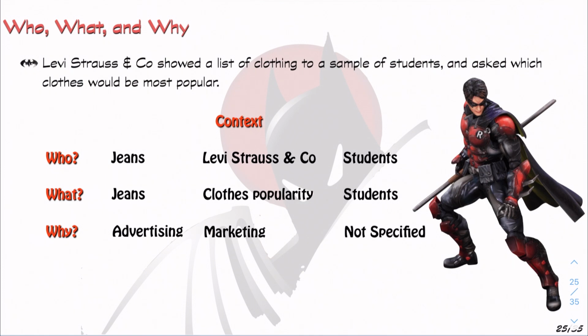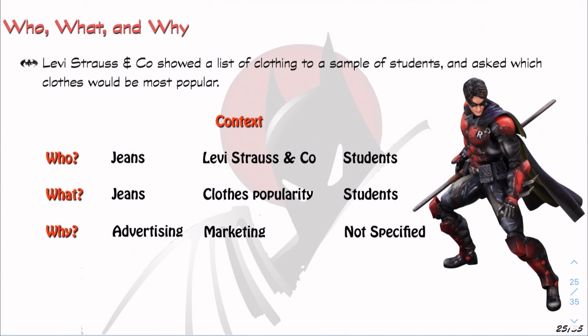So who, what, and why? The Levi Strauss Company showed a list of clothing to a sample of students and asked which clothes would be most popular. If you're thinking about what the who is, the who in this data set is not the students asked. They're providing their opinions.